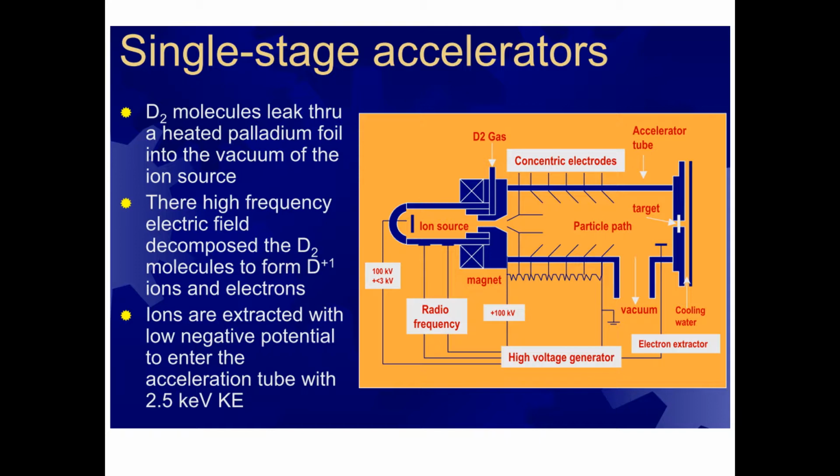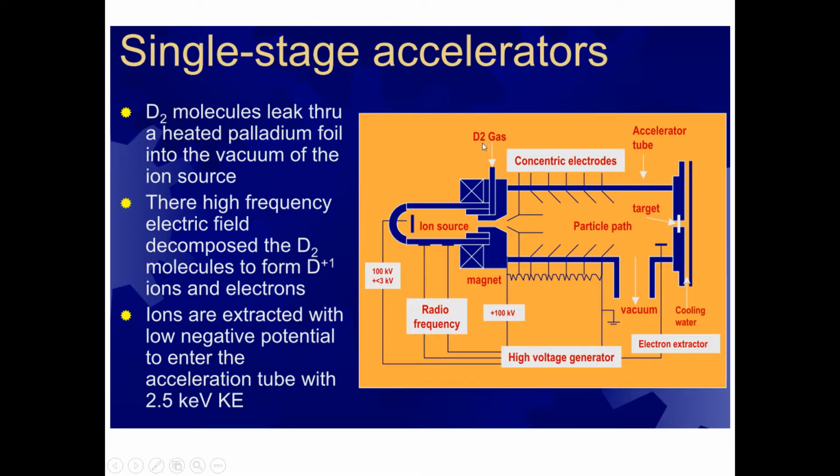Here you can see the sketch of the single stage accelerator, and it identifies everything which is happening inside this particular accelerator. We have deuterium gas here, that is the D2 molecules. D2 stands for the deuterium gas molecule.